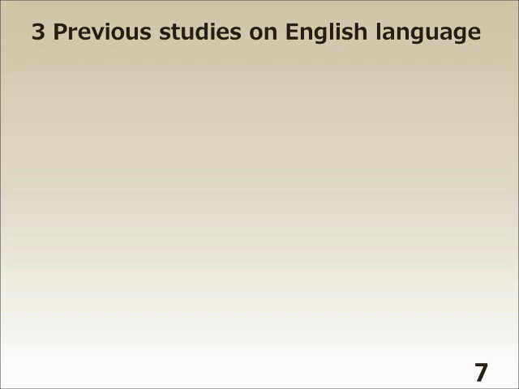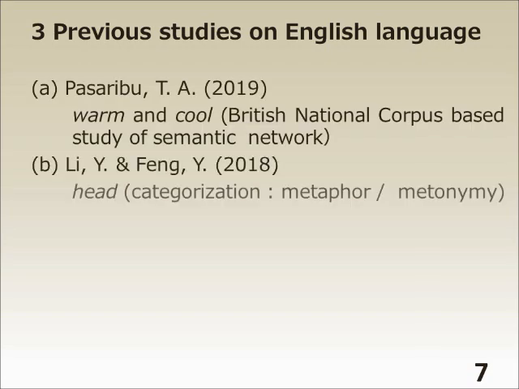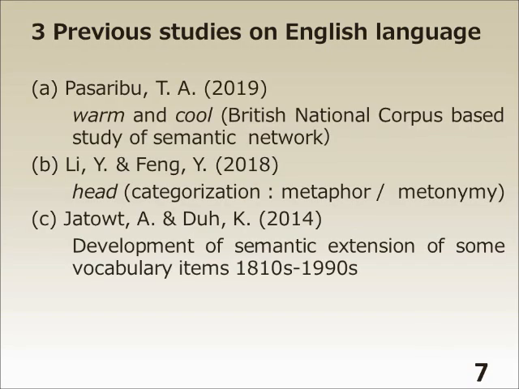Now, when we see previous studies on the English language, many or most of them are about basic or high-frequency vocabulary items. As typical studies on polysemy, this presentation introduces 5 different studies on slides 7 and 8.